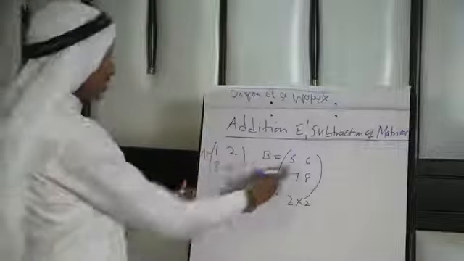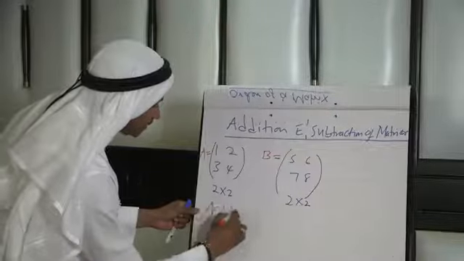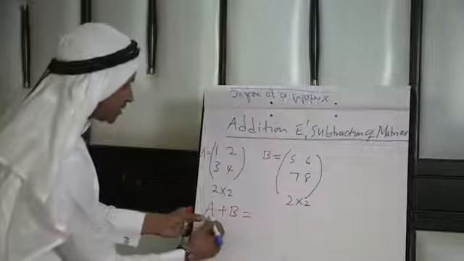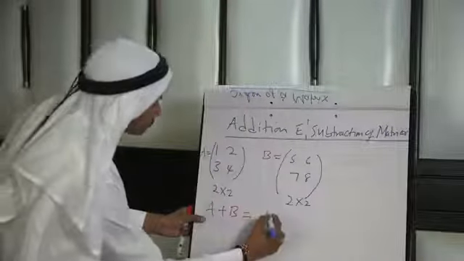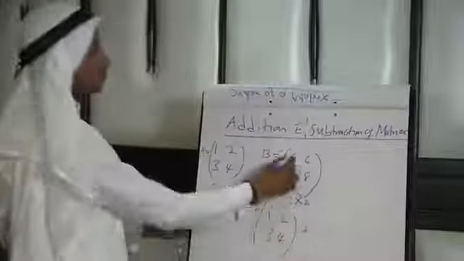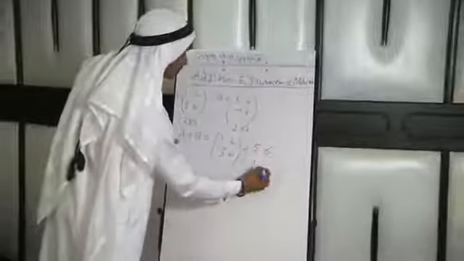So let's say we want to get the value of A plus B. How do we get A plus B? Just write the matrix A, which is 1, 2, 3, 4, then add matrix B, which is 5, 6, 7, 8.